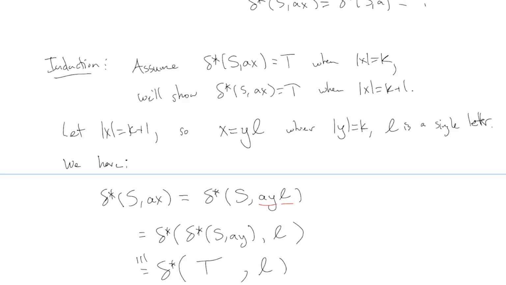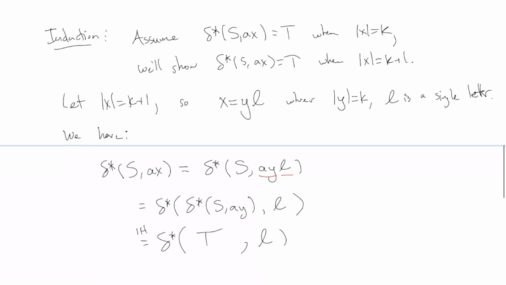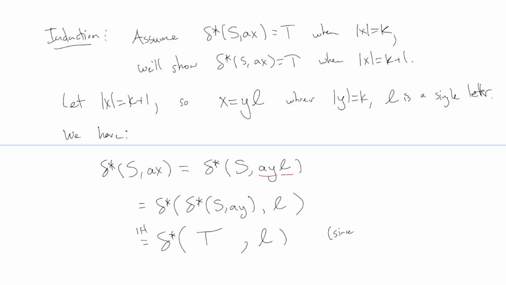This is the induction hypothesis step. And the reason this works is since the length of y is k, that means we can use the induction hypothesis on that string. The induction hypothesis only applies when it's A followed by a string of length k, but that's what we have here. All right, and then to finish it off, what is delta star of T and some letter?